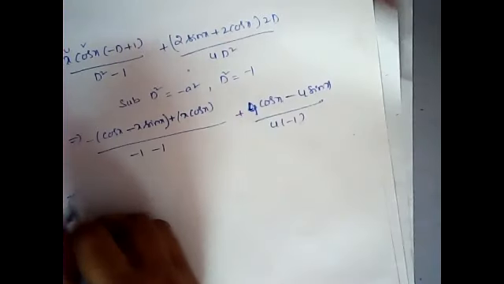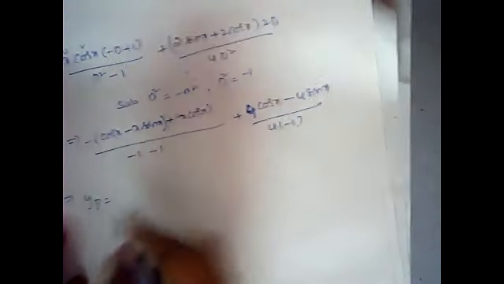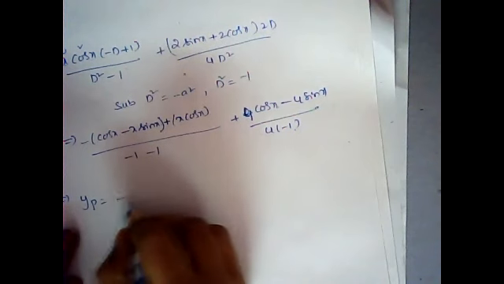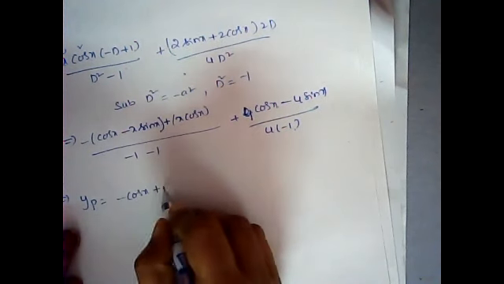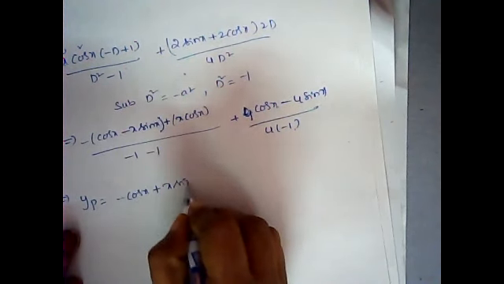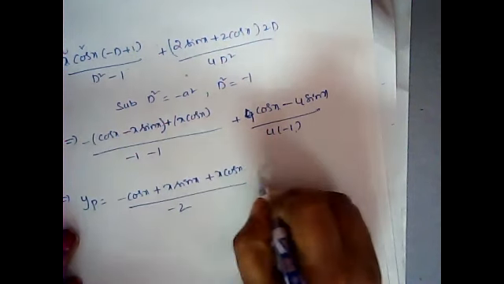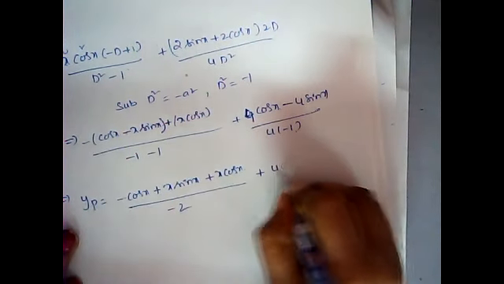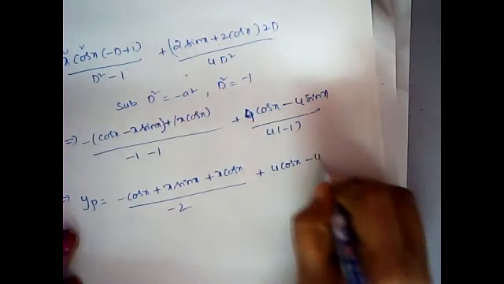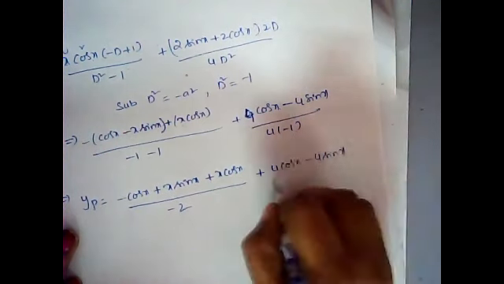So finally we got yp as, what is it here? Which is minus cos x plus x sin x plus x cos x whole by minus 2, plus 4 cos x minus 4 sin x by minus 4.